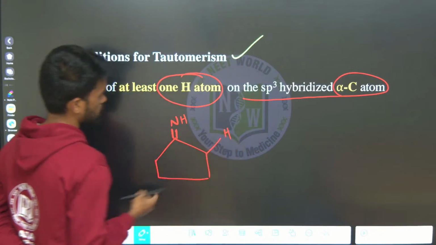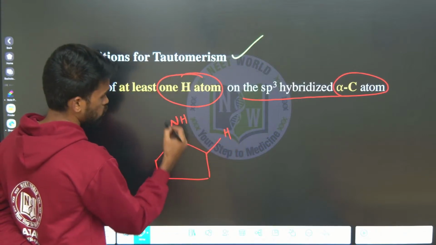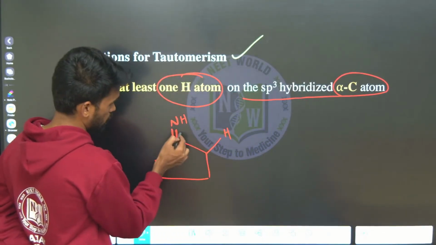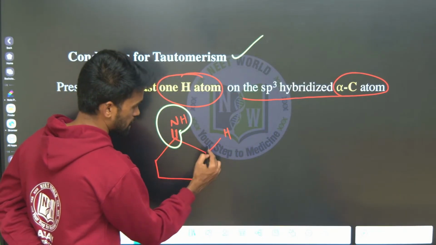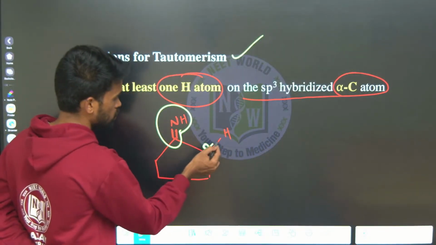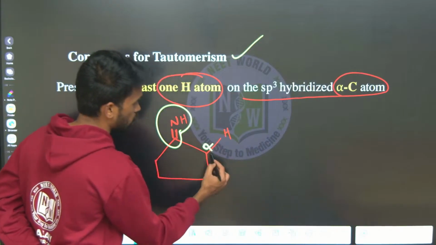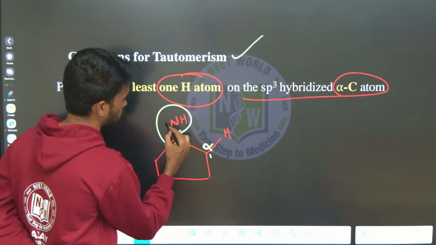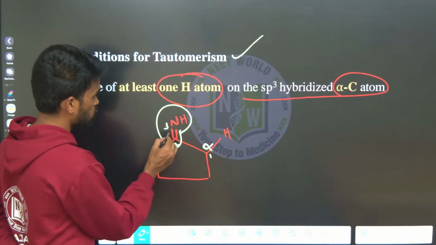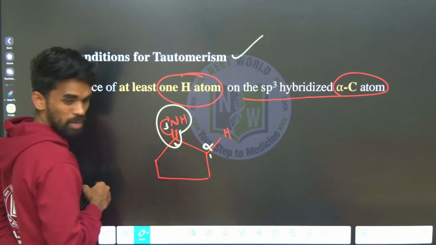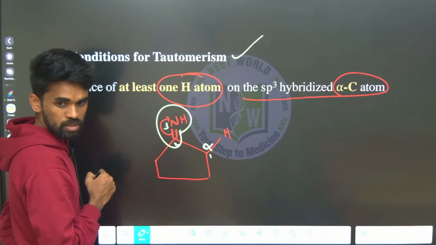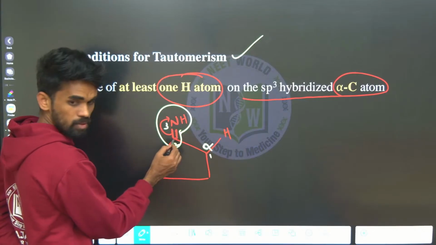One hydrogen. See, the carbon next to the imine group carbon is called alpha. So alpha hydrogen is there now. Or if you are getting confused, you can number it as 1, 2, 3. Which is the electronegative atom here? Nitrogen. So it will take the pi bond. If it is taking the pi bond, what is the charge on the nitrogen? Negative. And this carbon? Positive.